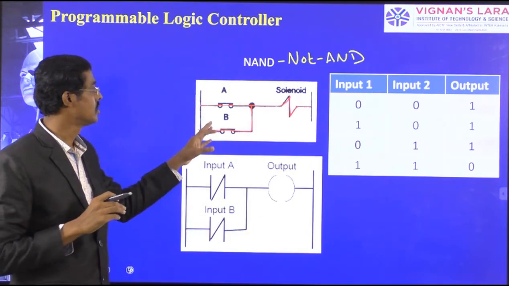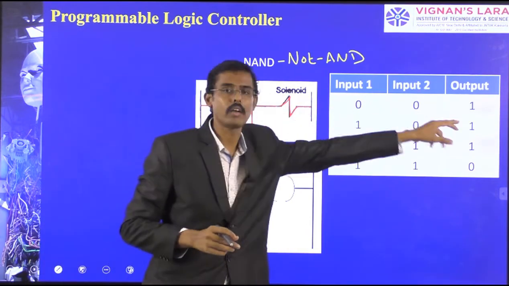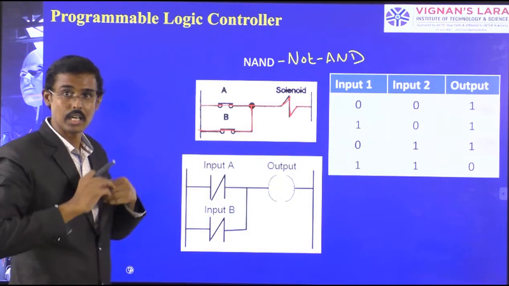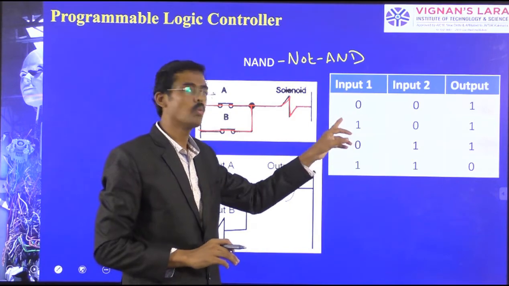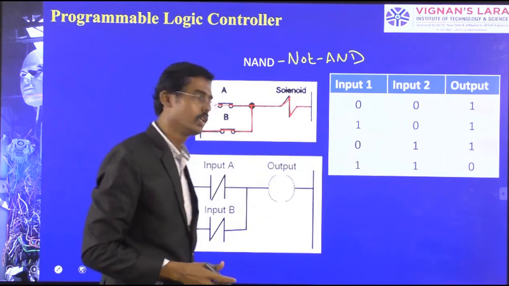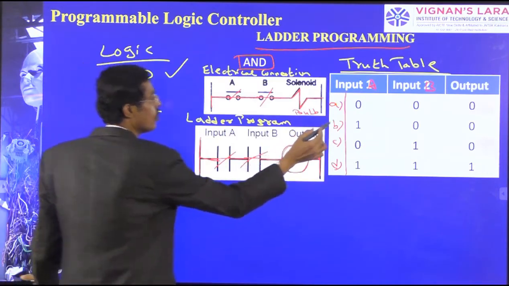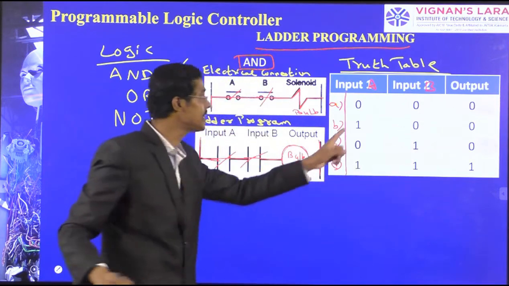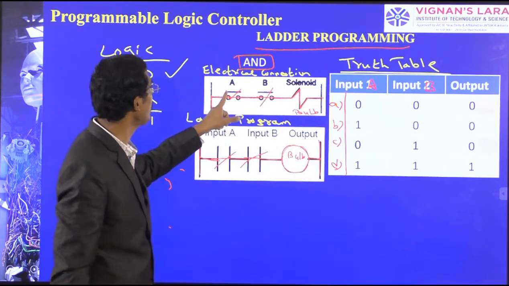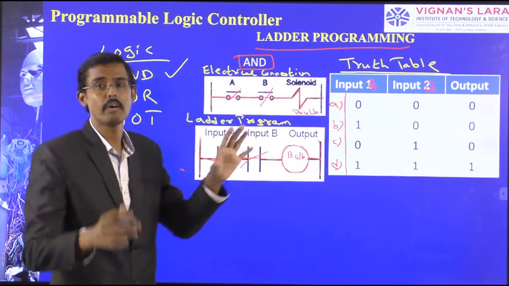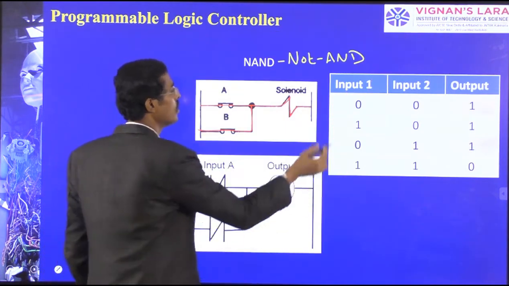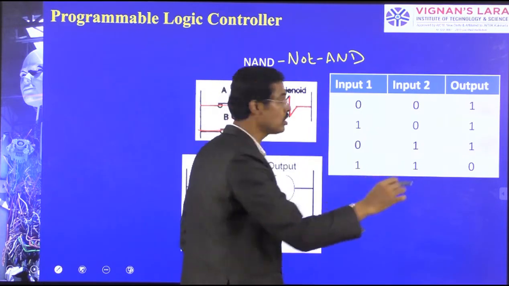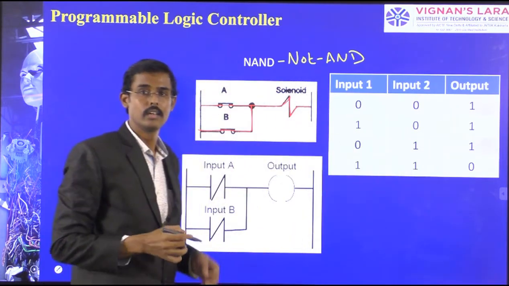Now this is about 0, 0, giving 1. The NOT AND function should do this. I have activated 1 and 0. You see, there 1 and 0 is 0 because 1 is activated, it is in series, only A is activated, B is not activated, the power supply does not come. But here, when 1 is activated, at that time also 1 comes.